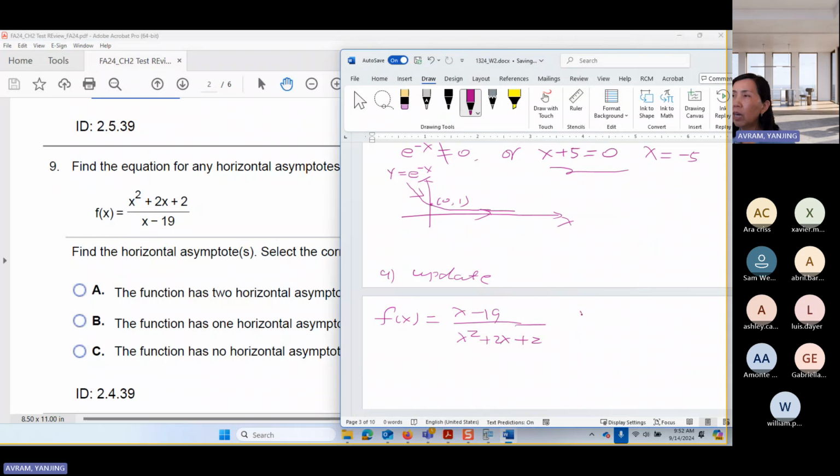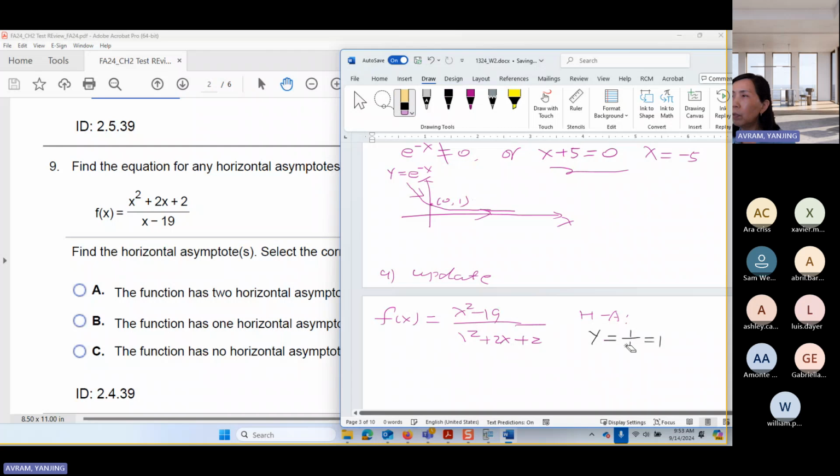My horizontal asymptote here will be y equals 0, because the numerator degree is now lower than the denominator. If they have the same degree, my horizontal asymptote will be the ratio of the coefficients. So that's 1/1, and this will be y equals 1. That is this one right here.